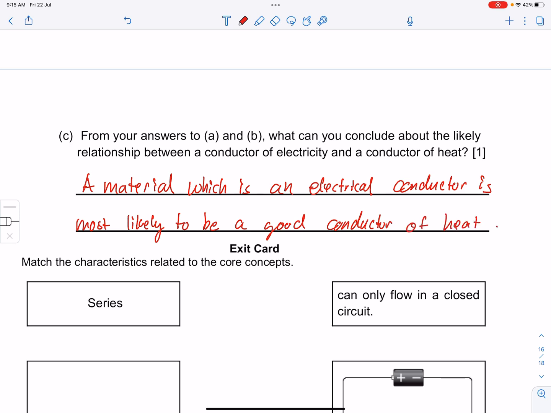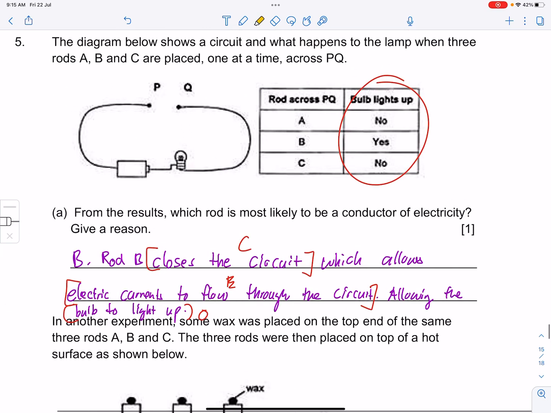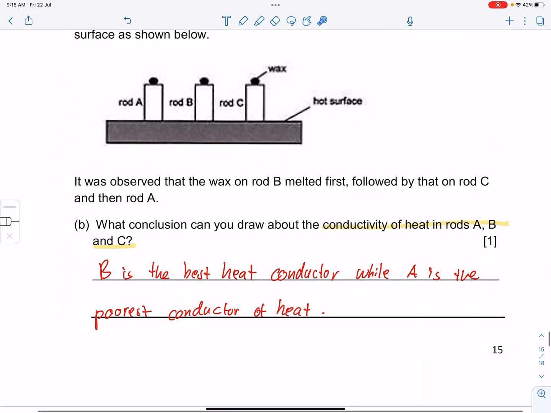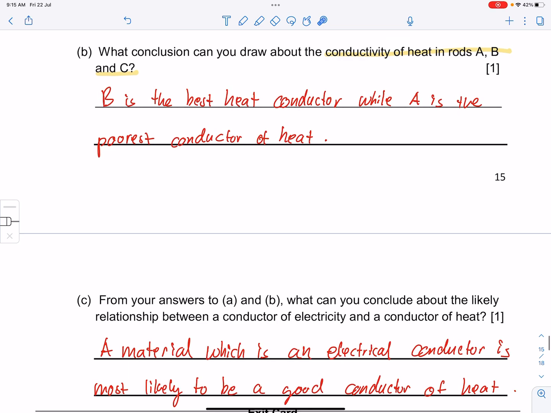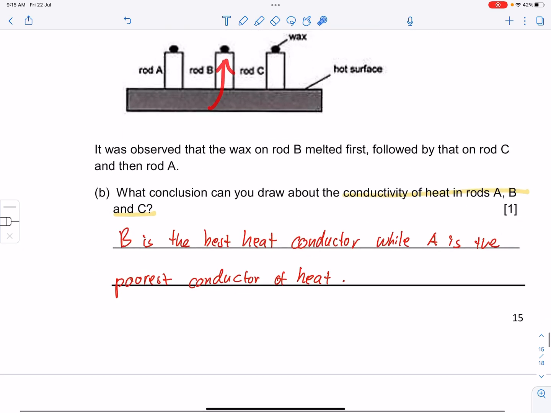How do you know that? You draw a comparison. So you see, the first one over here, B is a conductor, and yet B is also the first one to allow the wax to melt. This tells me that heat actually travels the fastest.